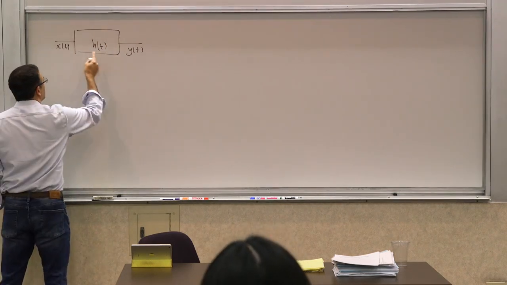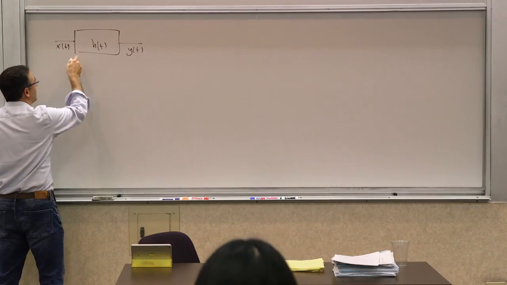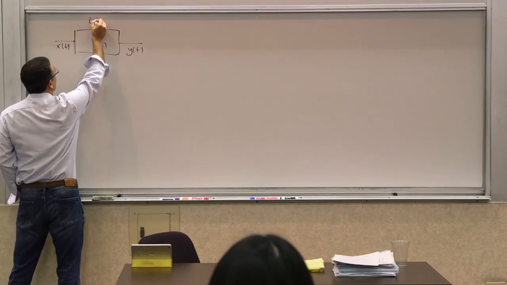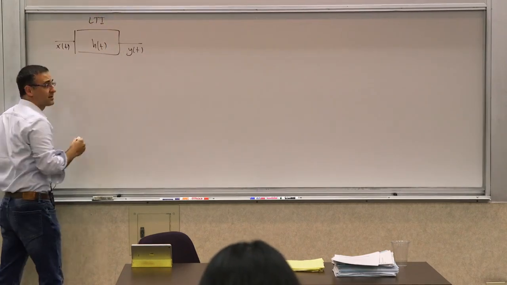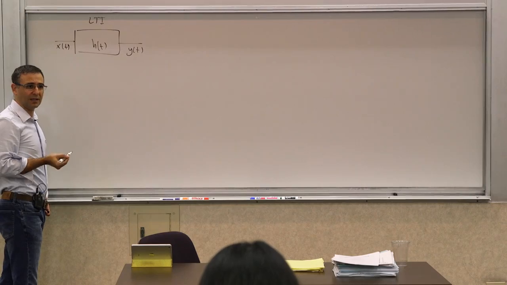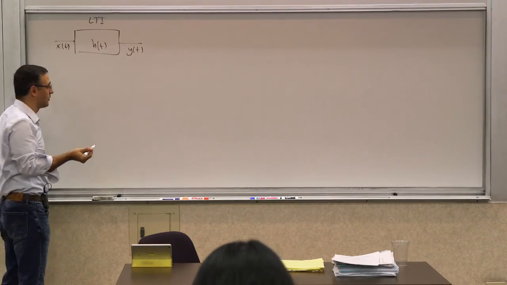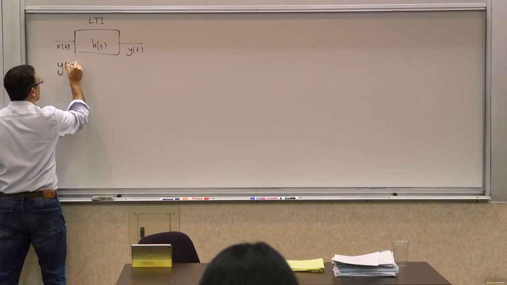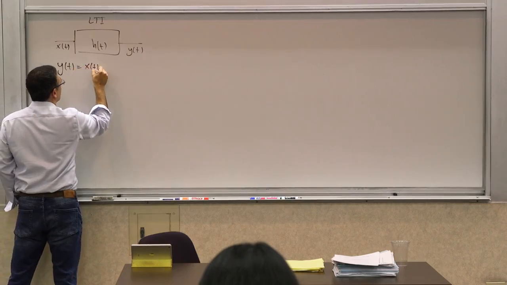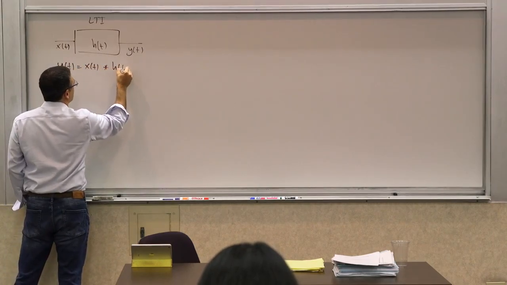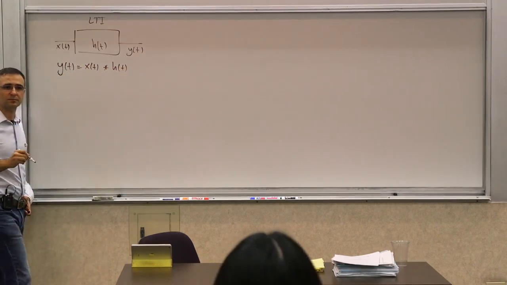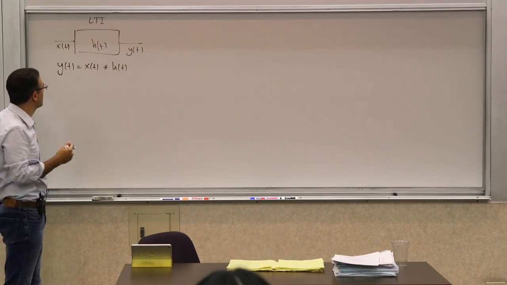What is y of t in terms of x of t and h of t if this is an LTI system? Let's say it's an LTI, linear time invariant system. How do we calculate y of t? Convolution, right? So y of t is x of t convolved with h of t, which commutates. So we knew that already.